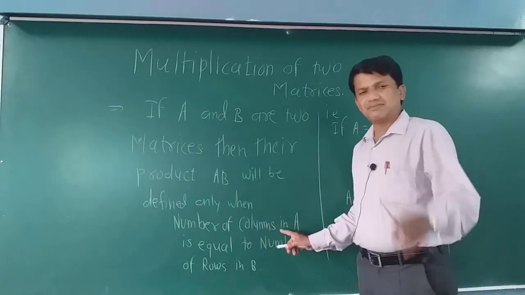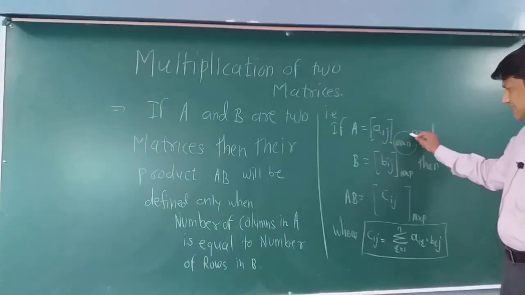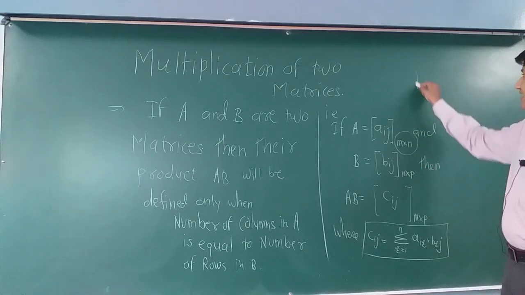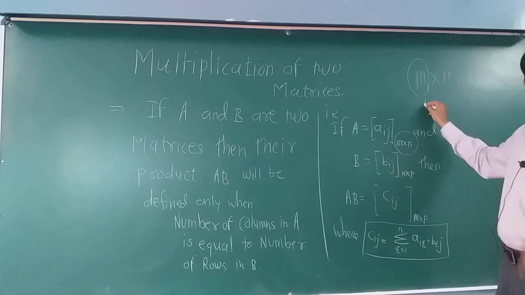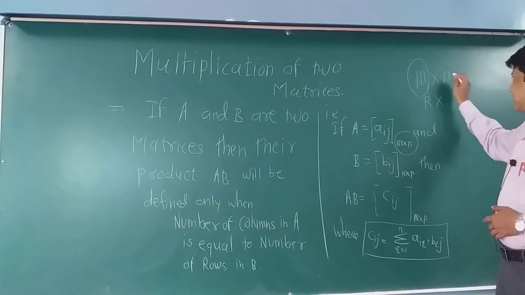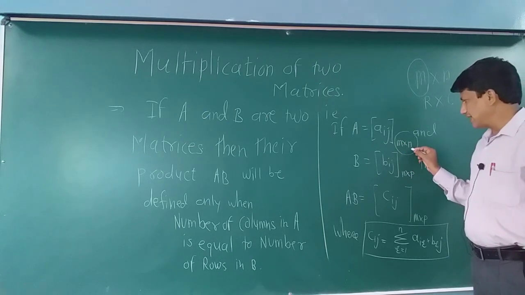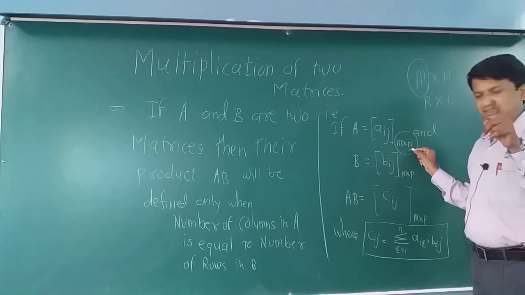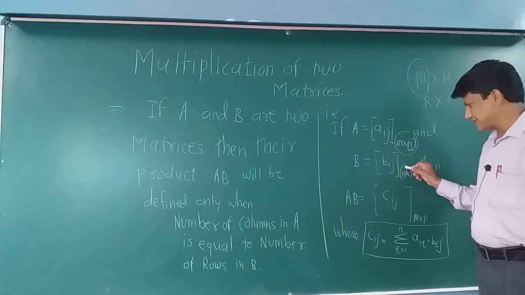The order of the first matrix is m by n: m means rows, n represents columns. In the second matrix, this n and this n remain the same.